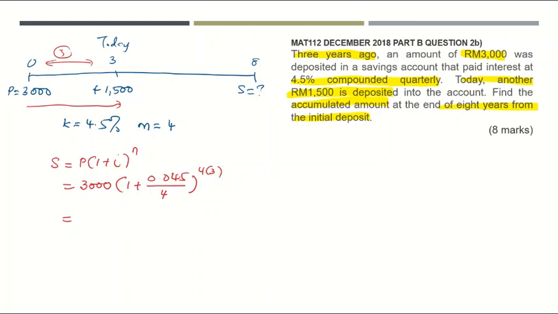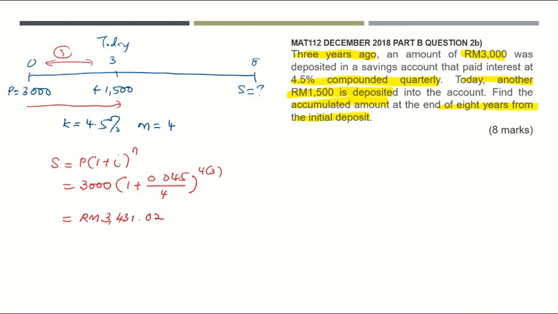The whole thing is multiplied with the initial deposit 3000, so the amount of 3000 after 3 years has become RM 3431.02. That is the amount of the 3000 from 3 years ago, and at the same time you add another 1500.